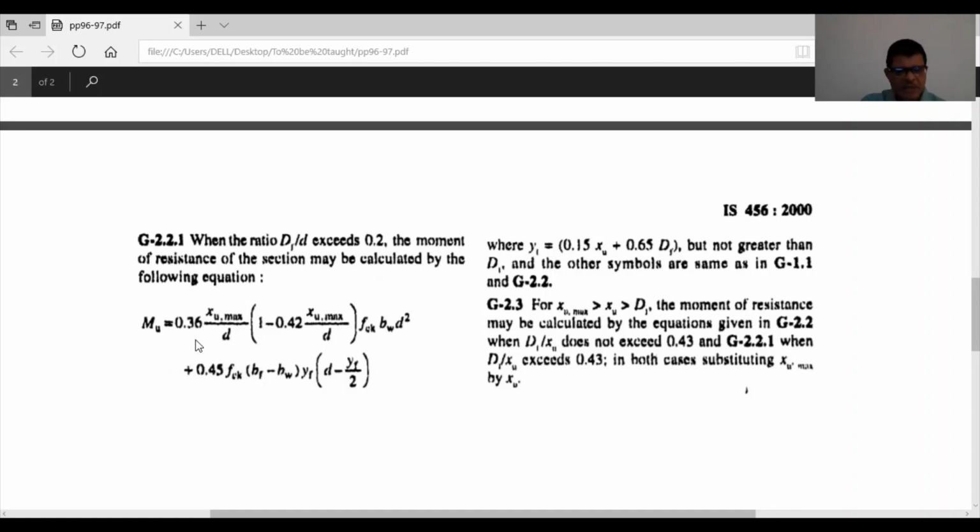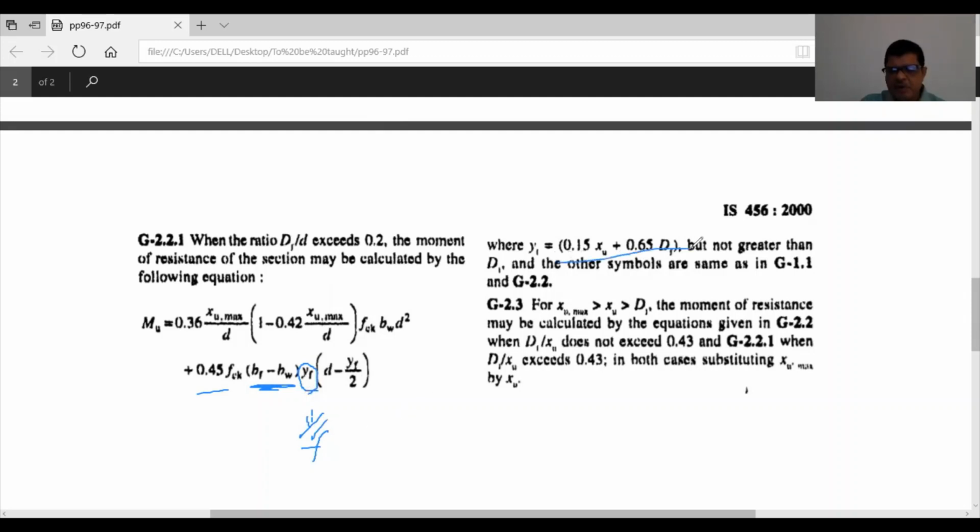The same thing, 0.36 xu max by d, 1 minus 0.42 xu max by d, fck bw d square, plus again here 0.45 fck is the stress, bf minus bw is the width, but here it is taken yf instead of xu max. What is yf? Yf into d minus yf by 2.